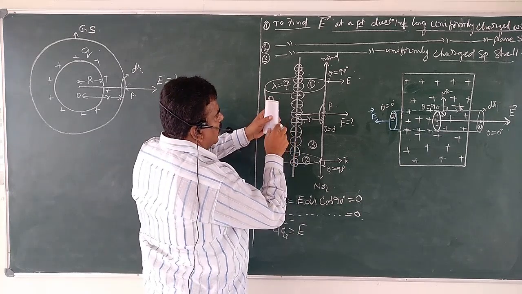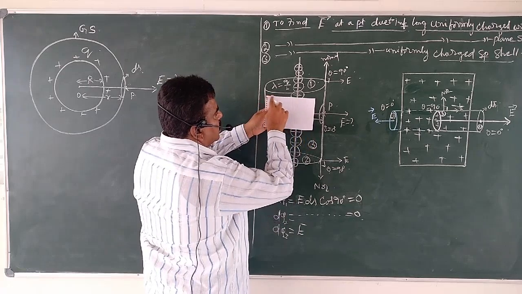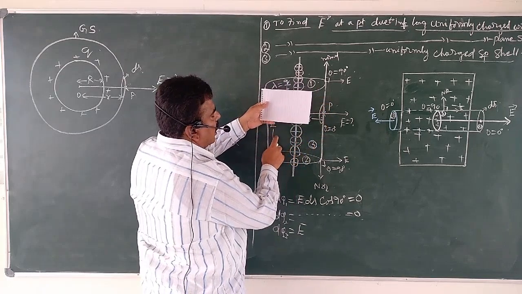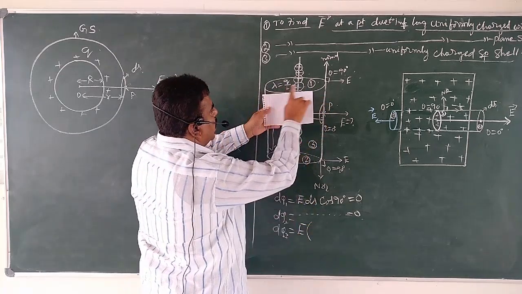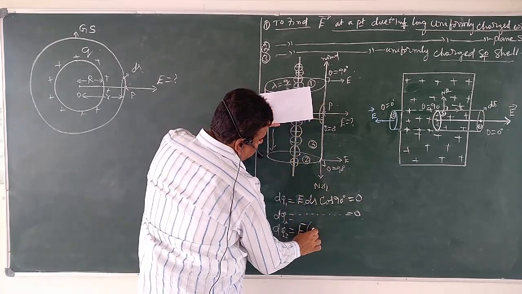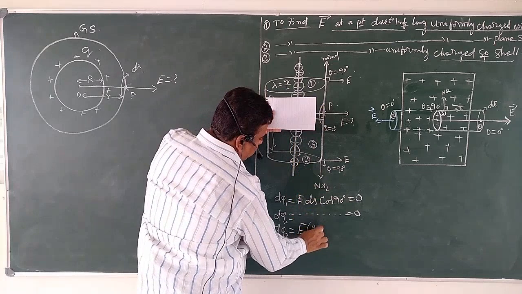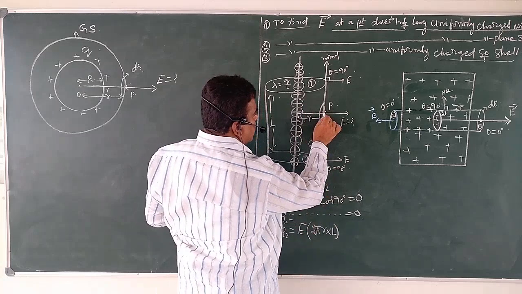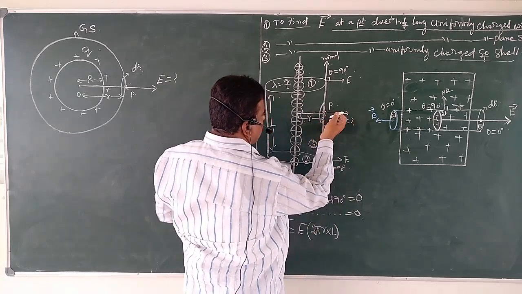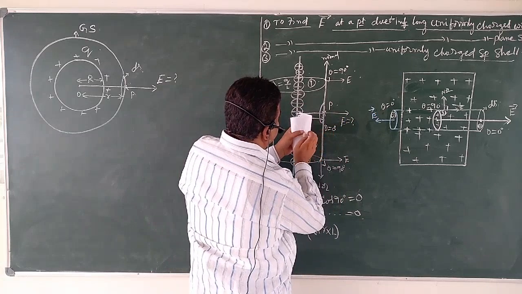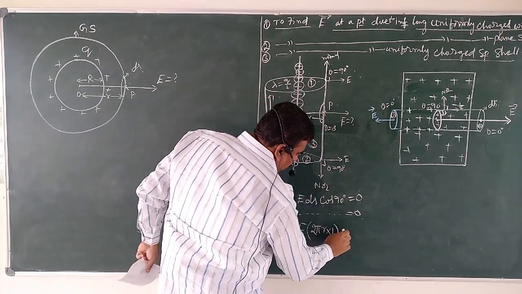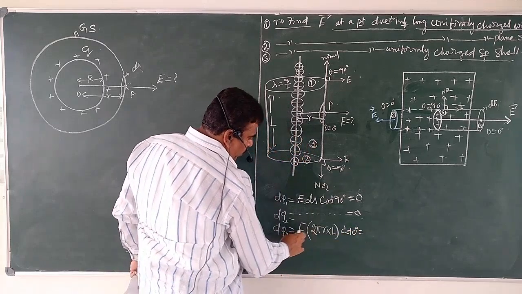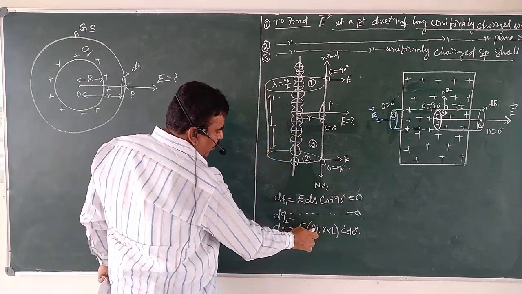If I open it out, this is the circumference and this is the length or height of the cylinder. Therefore, the area of this rectangle is length into breadth, that is 2 pi r into L. And theta is 0 degrees. E is along this direction and the normal is also along the same direction. Therefore cos 0 degrees is 1, and it becomes E into 2 pi r L.